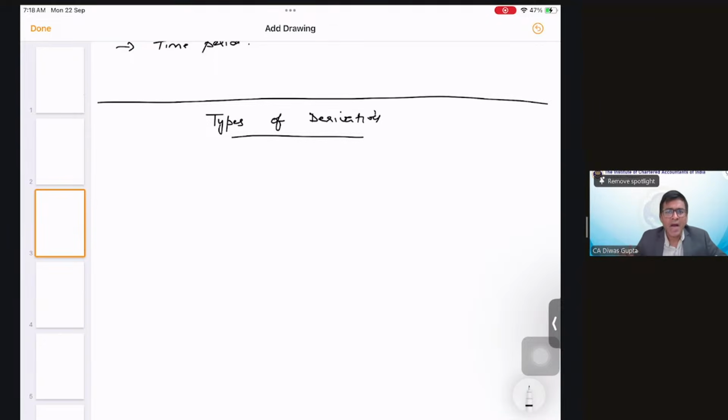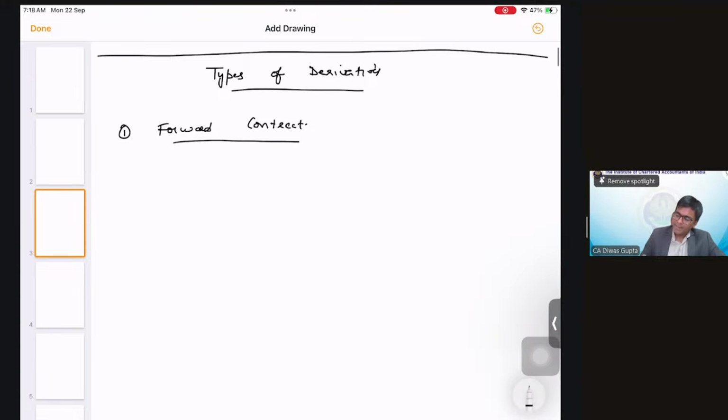Just ask any questions wherever you feel you are stuck so that your understanding can be built. So now let's come to the types of derivative, students. The first one is forward contract. Let's start from the easiest one, the forward contract.